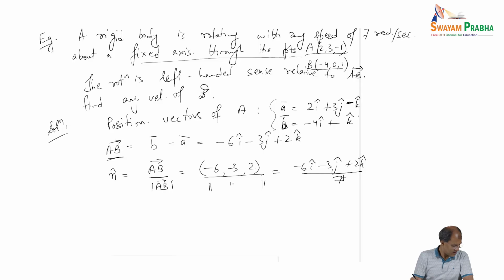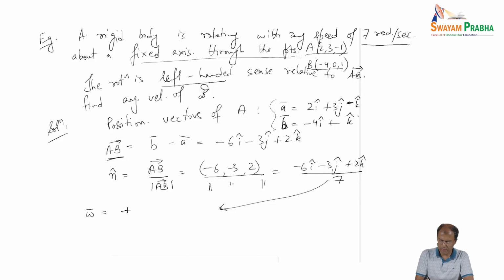Finally, omega, the angular velocity, has an amplitude of 7 radians, and the rotation is left-handed, as given in the problem.